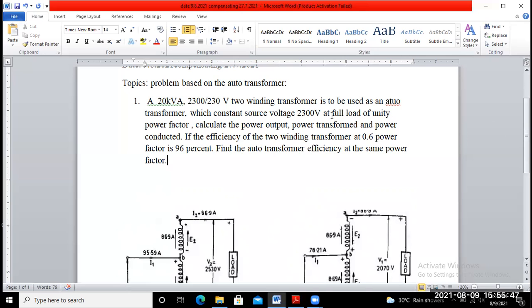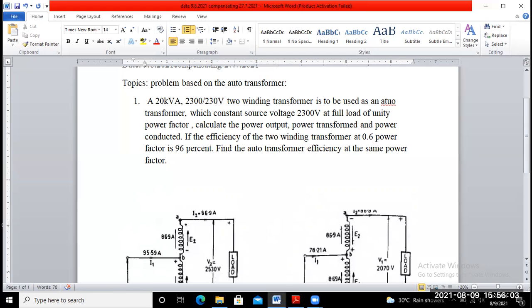So this is the problem given to you. The data is provided for a two winding transformer that is reconnected as an auto transformer.